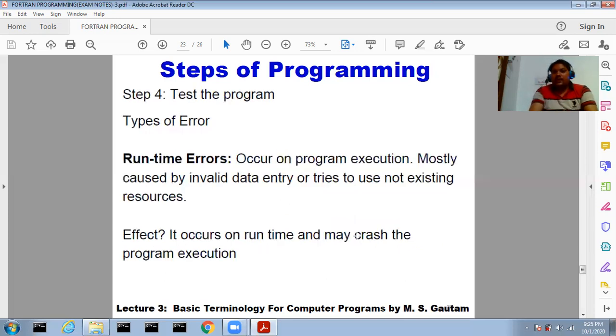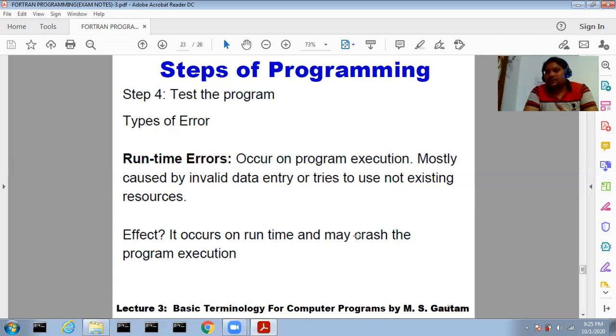Third type of error is runtime. So in the program, if there is no syntax error, if there is no logical error, then we can compile the program. Compilation means execution process.